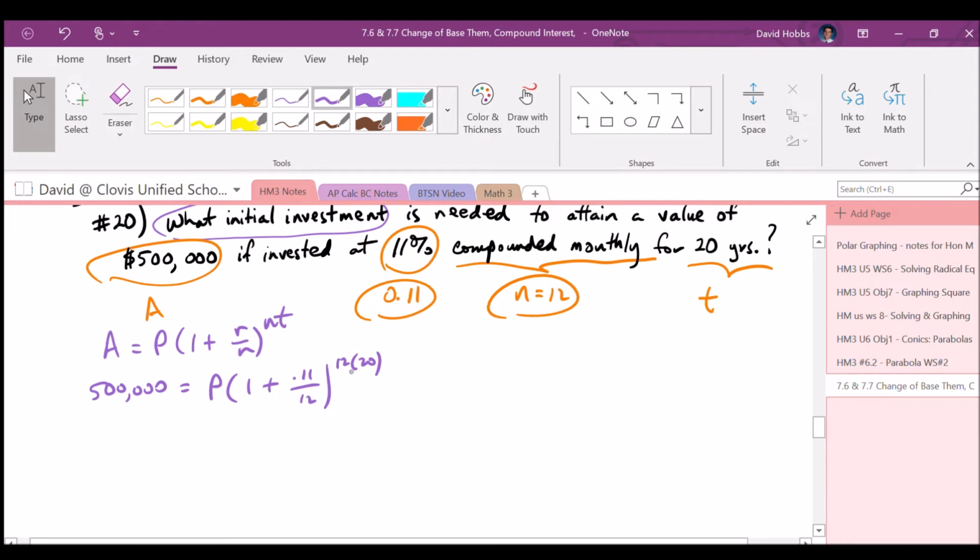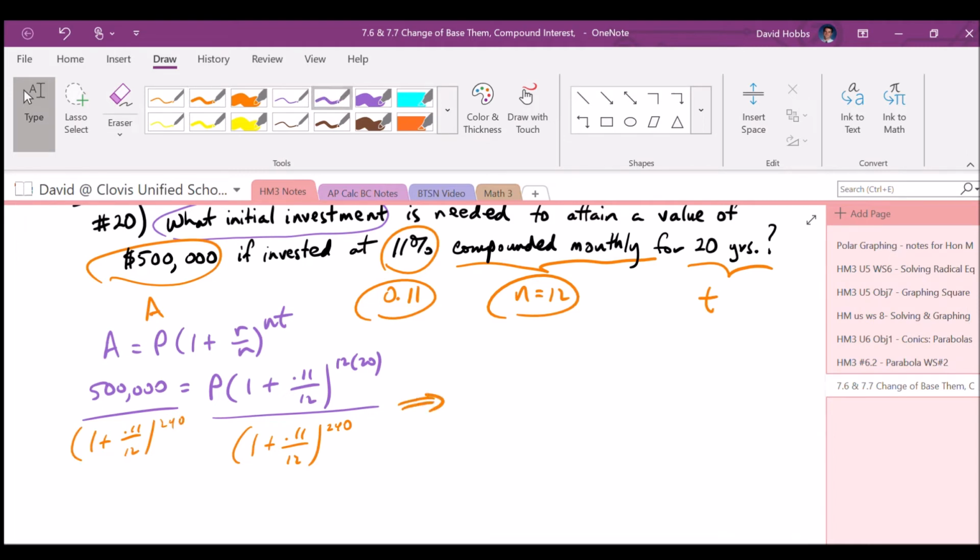Now, my exponent is 240. How do I solve for P? Don't we just divide by that mess? Yeah. So we're going to divide by 1 plus 0.11 over 12 to the 240 power. Okay, so P is equal to this.